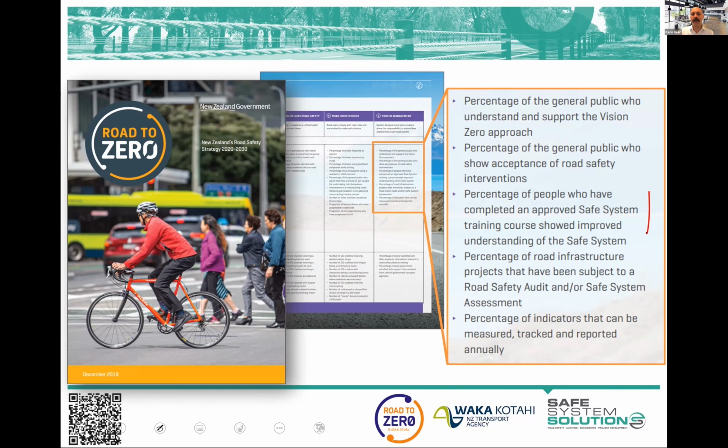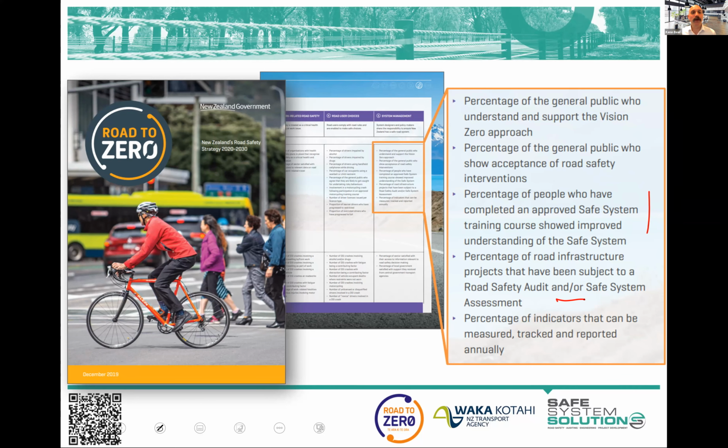So that's exciting. That's what this course is about. But the next one, percentage of road infrastructure projects that have been subject to a road safety audit and or a safe system assessment. So we're starting to see that the safe system assessment is really embedded into the strategic objectives of the next 10 years.